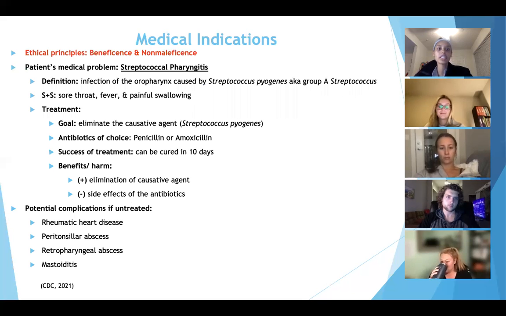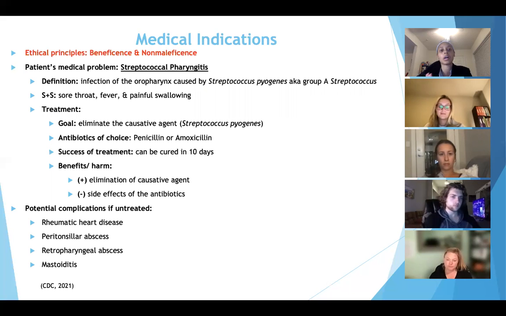Essentially, this is an infection of the oropharynx caused by streptococcus. She had symptoms directly related to this before she was even diagnosed: a sore throat, a fever, and painful swallowing. The treatment for this is usually antibiotics, and penicillin or amoxicillin are the antibiotics of choice. And as the nurse, it's important to think about the side effects of the antibiotics to make sure we're educating her family properly, of course, with a medical interpreter in the room.